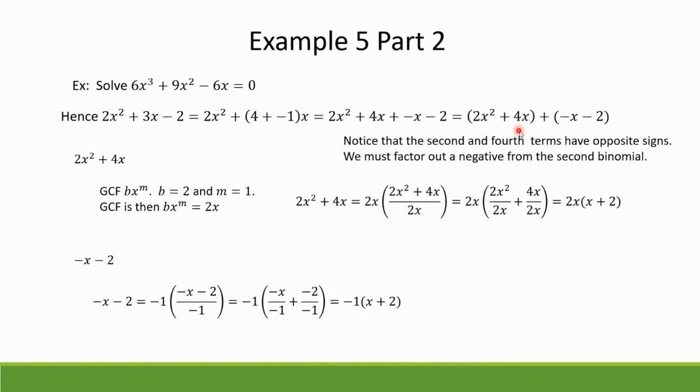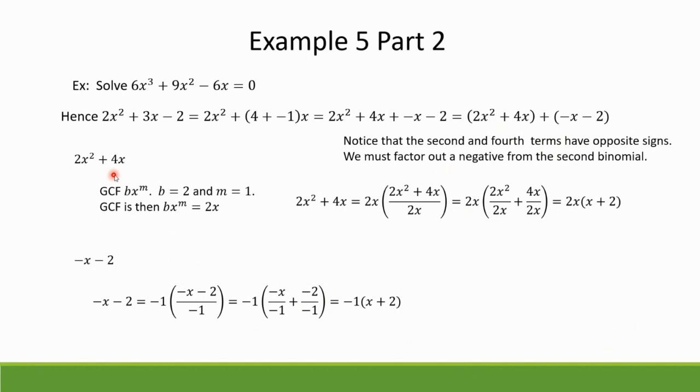Okay, so we now have to factor each of these groups now. Okay, well, from the first group here, 2x squared plus 4x. Okay, so the GCF here, right?